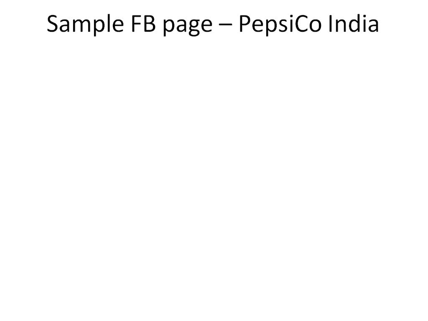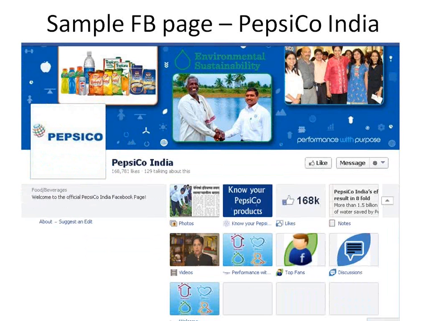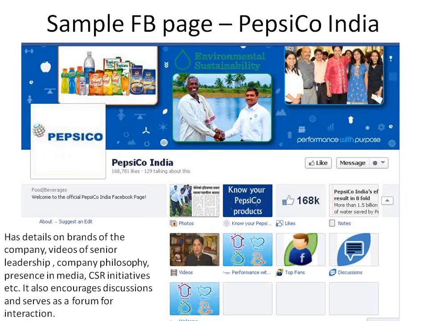So if you look at the social media visibility, I'll just run you through some of these examples of how some companies have demonstrated this. Now this essentially is the Facebook page of PepsiCo India. Maybe you can just pause to see what is there for a minute. So basically, what does it have?